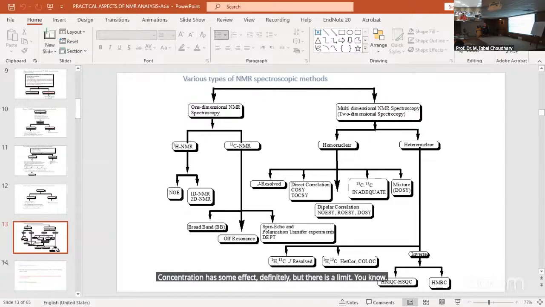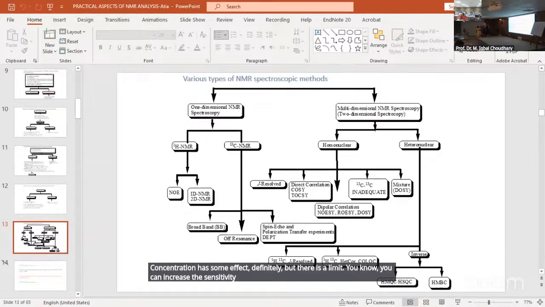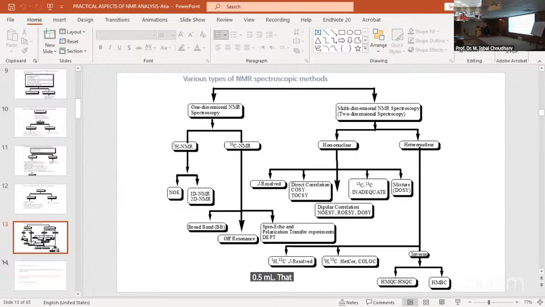You can increase the sensitivity based on the concentration, but the solubility is again limited in 0.5 ml, that small quantity. So you can have 10 milligrams of the sample, then maybe 4 scans are required. Instead of 128 scans, you can get the spectrum in 4 scans. Scans are each repetition of the experiment, so it overlaps with each other. We'll discuss it further.